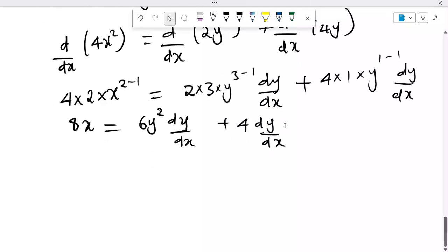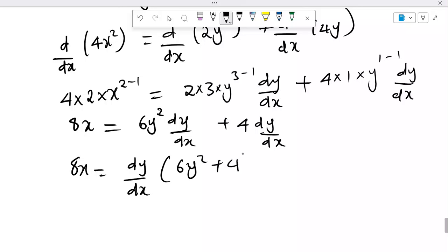Same applies here. We factor out dy/dx, so we have 8x equal to dy/dx, which is common here and here, times 6y squared plus 4.